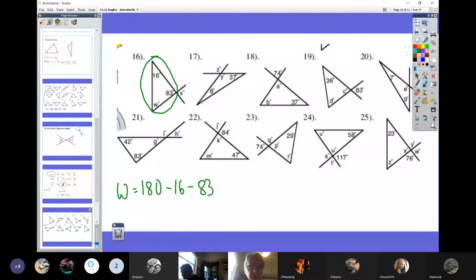And X is just vertically opposite that 83, so X would be 83 degrees. The reason you would give for W would be angles in a triangle total 180. The reason you would give for X is vertically opposite angles are equal.